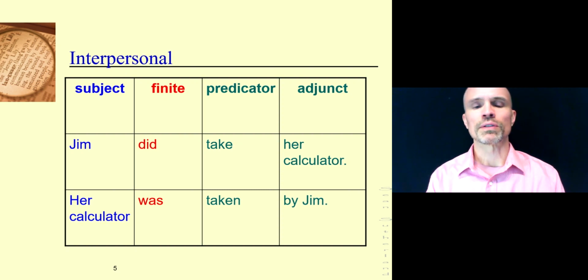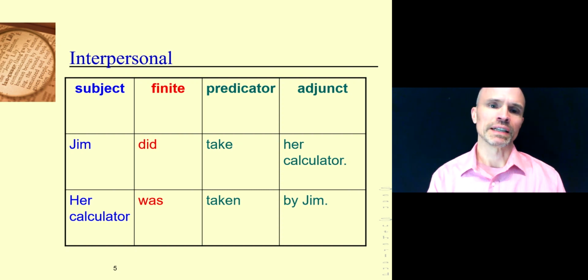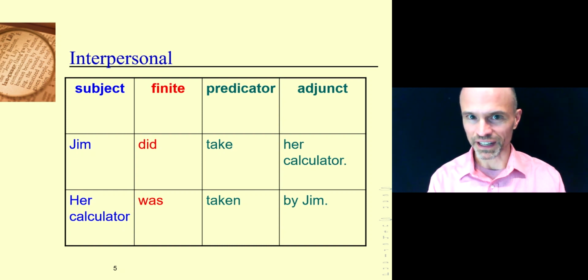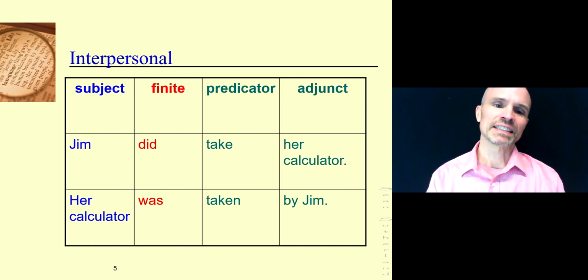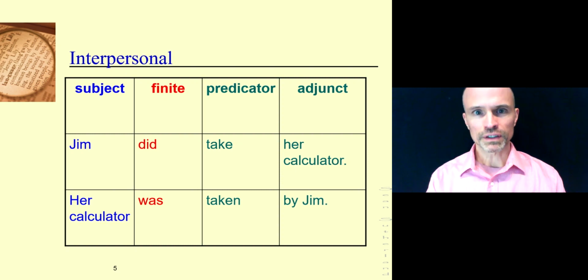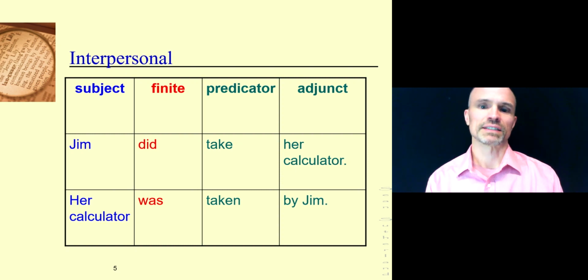You have the subject. Then the part that may be new to you here is the part in red called the finite. You may have heard that term in other things like finite verb or infinitive and so on. Here it's the finite. It's important to say the finite. We're talking about the finite. How Halliday defines this is the first word of the verb or verb phrase, right?